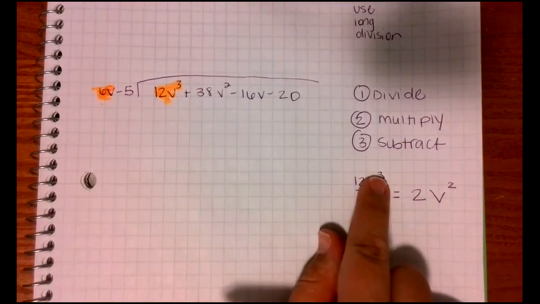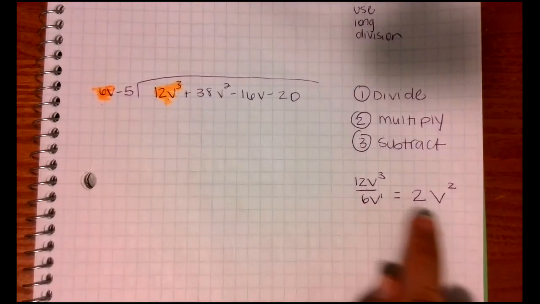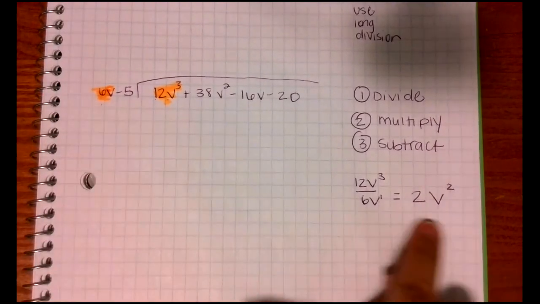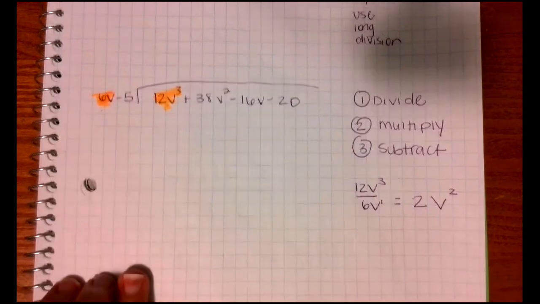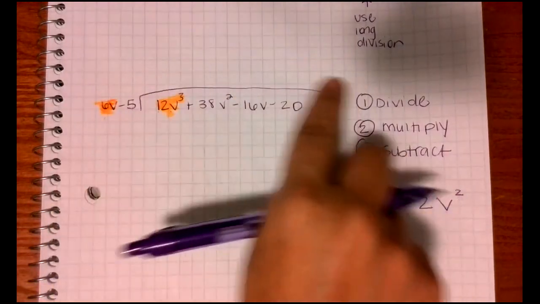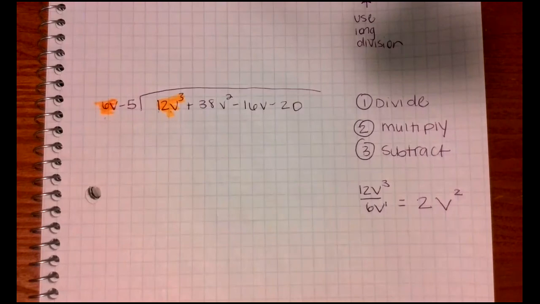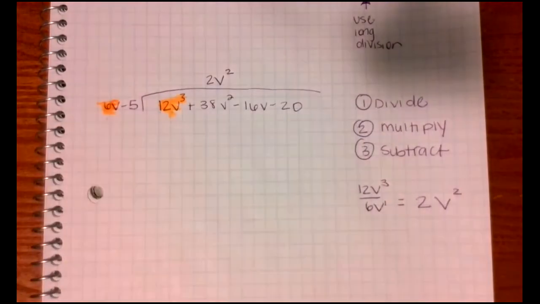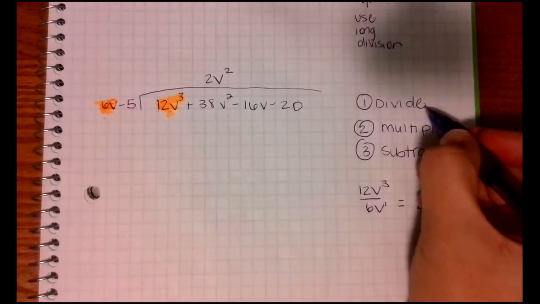So 12v to the third divided by 6v is 2v squared. That is part of your quotient, or part of your answer, and the quotient is found on top of the division sign. So 2v squared. Okay, so we divided.